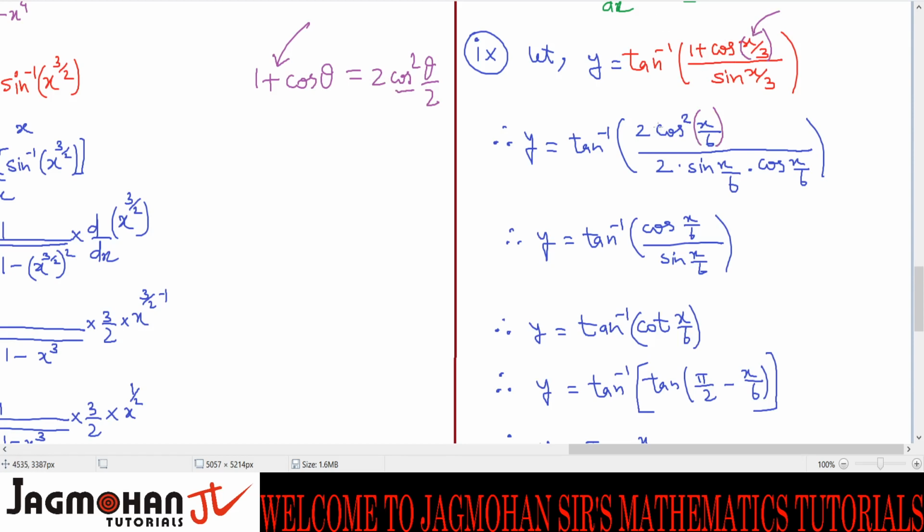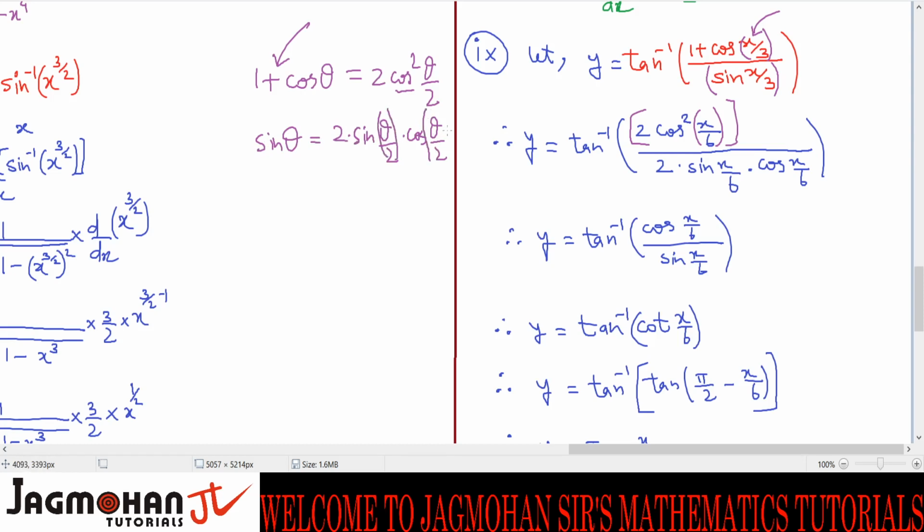Okay, so for numerator I got this as the numerator. Then look at the denominator. Once I change the angle of numerator as x by 6 by writing the half angle formula, I would like to write the half angle formula for this also. Now you know sine theta half angle formula is 2 sine theta by 2 multiplied to cos of theta by 2. The angle becomes half this side.